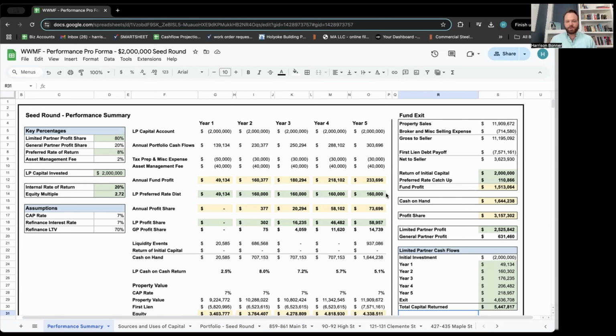Today, we are going to be walking through our financial model for just the seed round of investment capital in our fund, the Wollaston Wealth Management Fund.